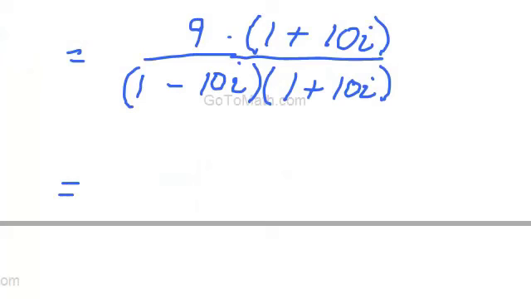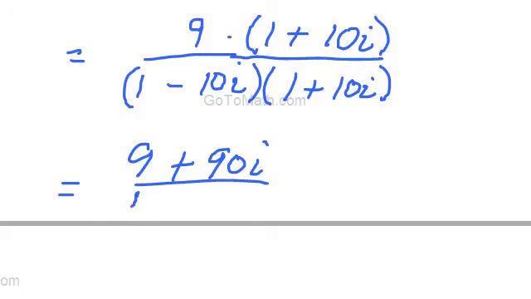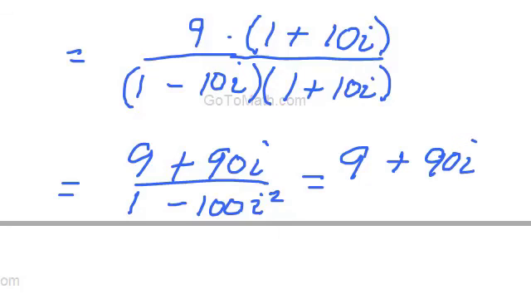And we go ahead and distribute this 9 across, so we have 9 plus 90i over, right, so the inside terms are going to cancel out when we pull this thing out. So we have 1 times 1 is 1. So that's the reason we're skipping that step. -10i times +10i is -100i squared. And of course this can be rewritten as 9 plus 90i.